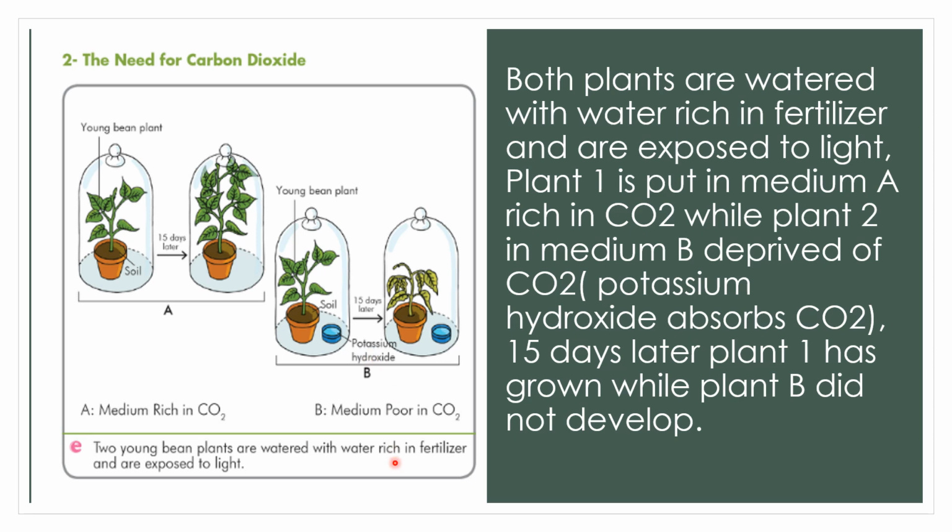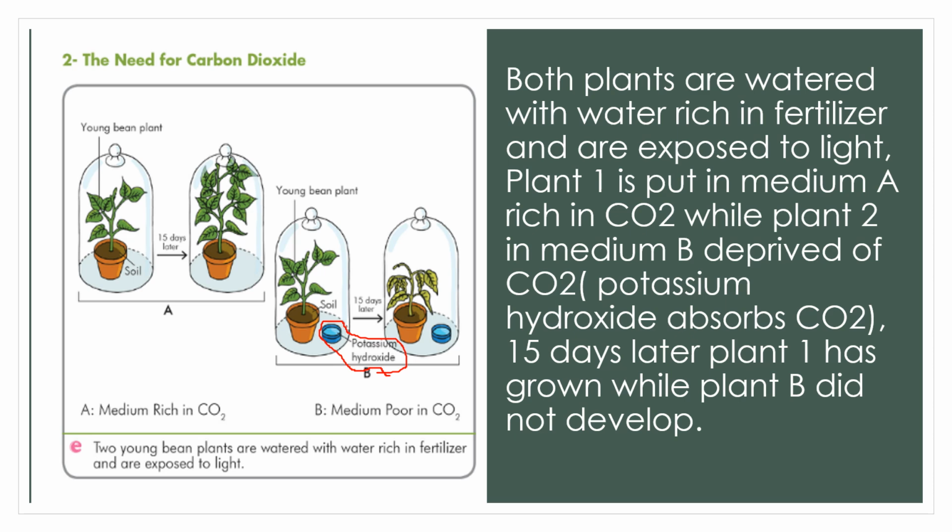Here we have potassium hydroxide. What's the role of the potassium hydroxide? Potassium hydroxide absorbs carbon dioxide from the air in a closed system. Here, as you can see, it's a closed container. We put potassium hydroxide in a closed container to absorb carbon dioxide.